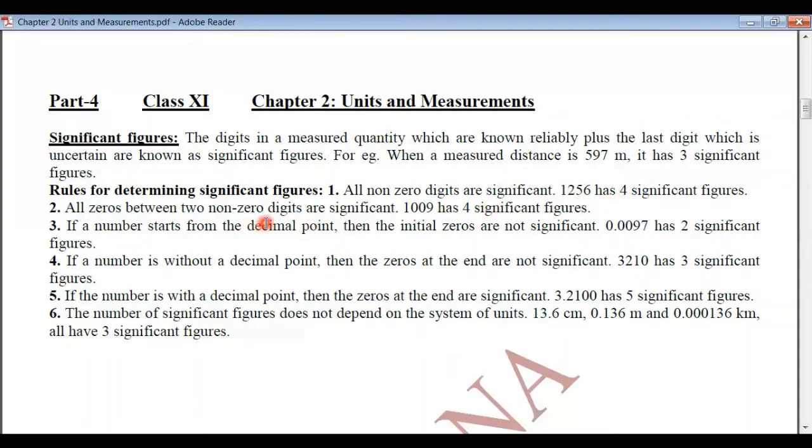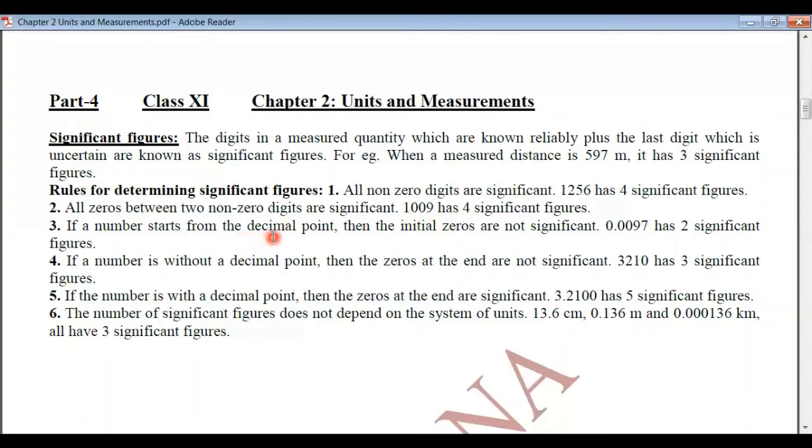The second rule states that if the zeros are between two non-zero digits, then they are considered to be significant. For example, in the result 1009, these zeros are lying between two non-zero digits, 1 and 9. So these zeros will be considered as significant. So the number of significant figures in this measured value is 4.